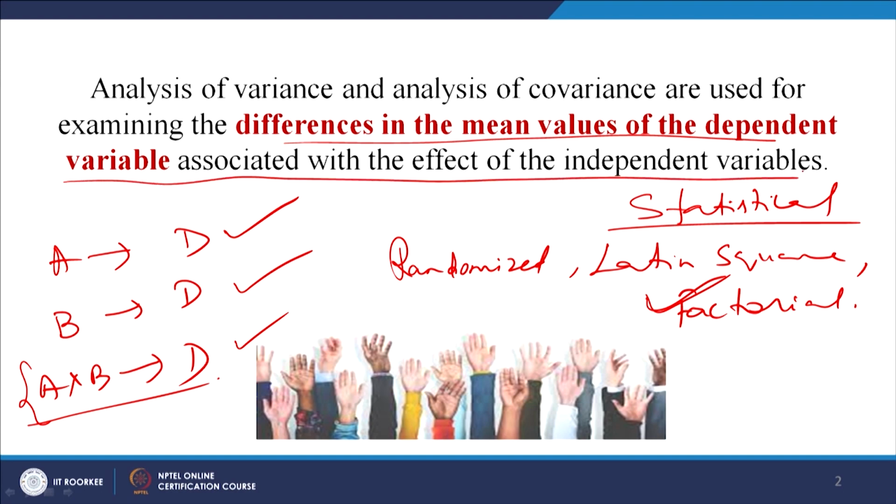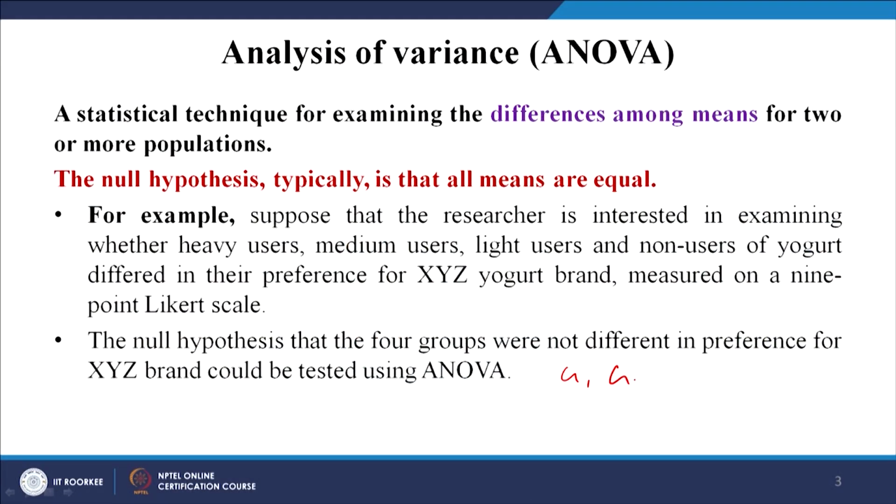That means we are trying to find out the change in the dependent variable with a change in the independent variables. If there are two groups, group 1 and group 2, we generally test a hypothesis with two levels or two groups, whatever you understand, two levels also.